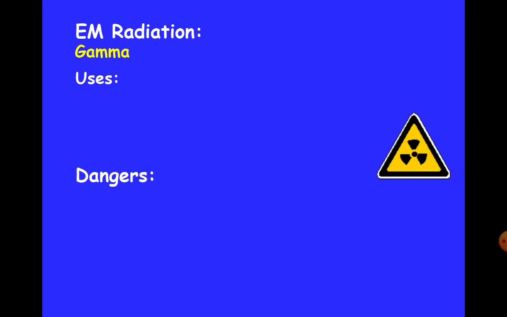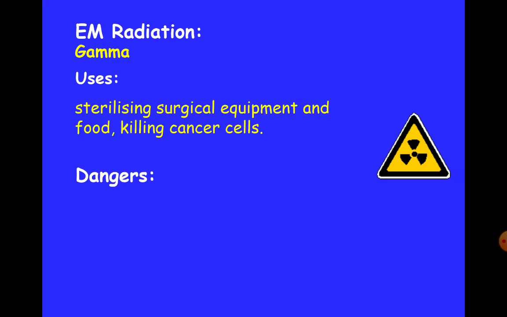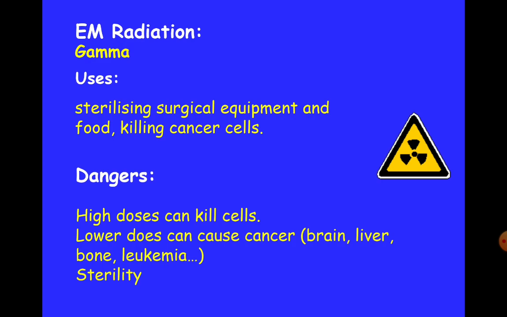In conclusion, gamma rays are used for sterilizing surgical equipment and food, and for killing cancers. Now, as you remember, when we move to the left side of the electromagnetic spectrum, the electromagnetic waves have more energy and they are more penetrating, which means they can kill cells.